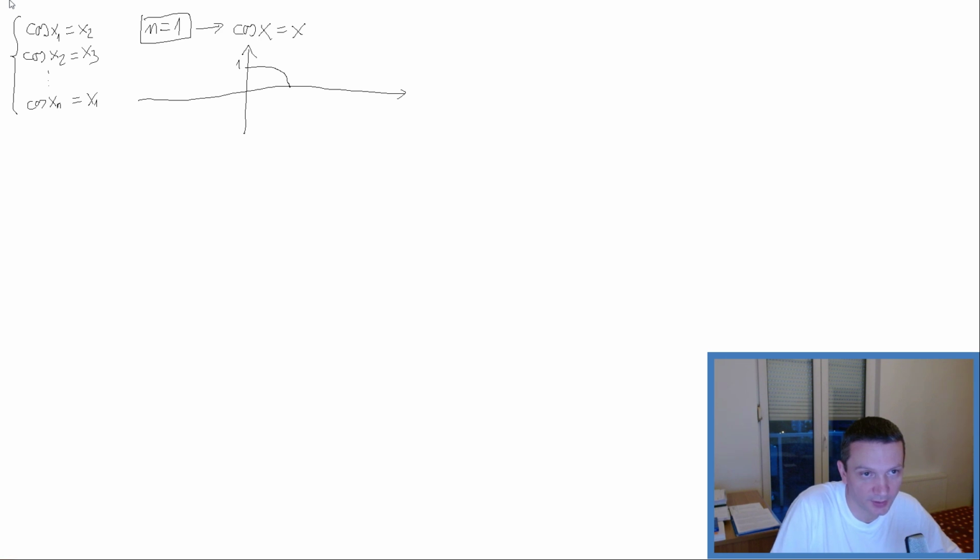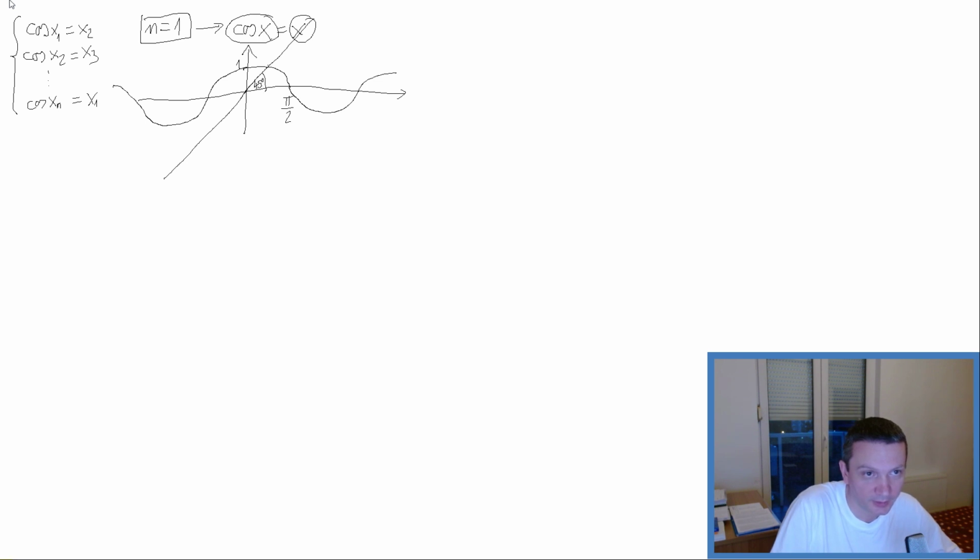this. This is 1, this is pi over 2, and so cosine is like this. This is the graph of the function on the left, and on the right we have a simple linear function under the angle of 45 degrees.